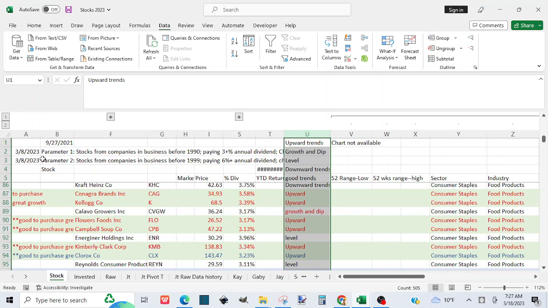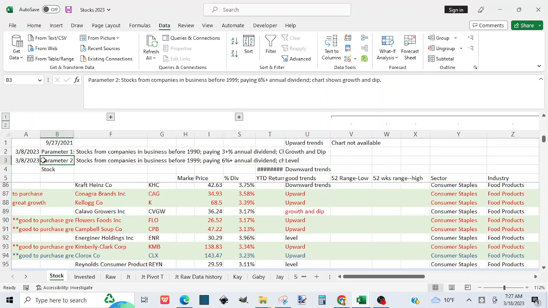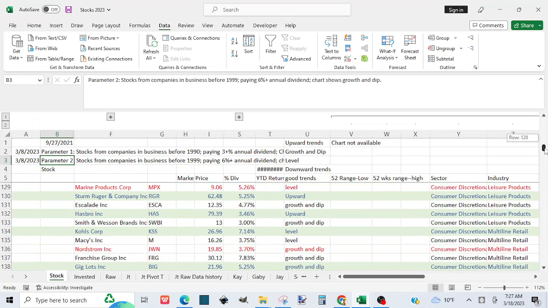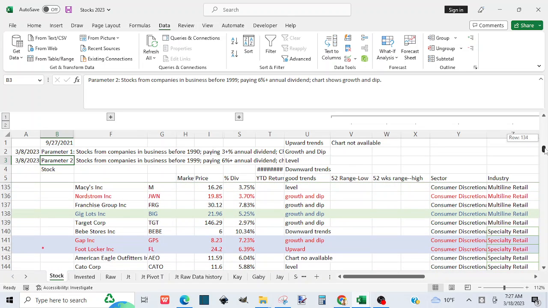Maybe for the ones that show a growth and dip trend, you can pick a higher dividend rate to invest in, if you like how long they have been public.